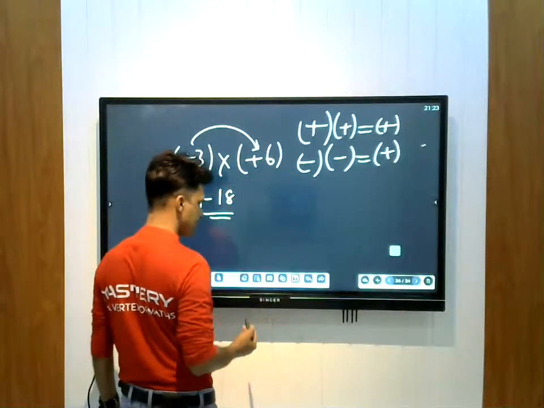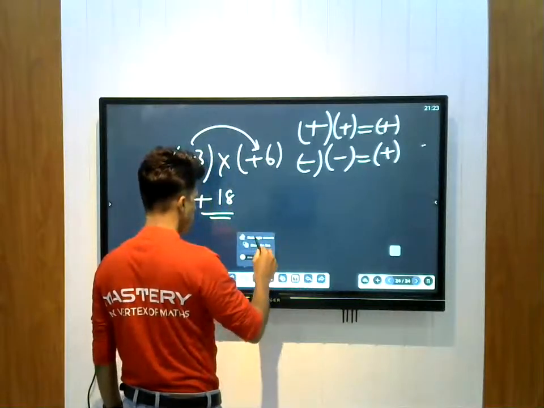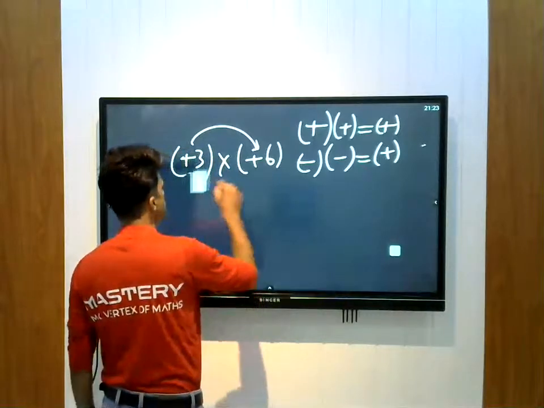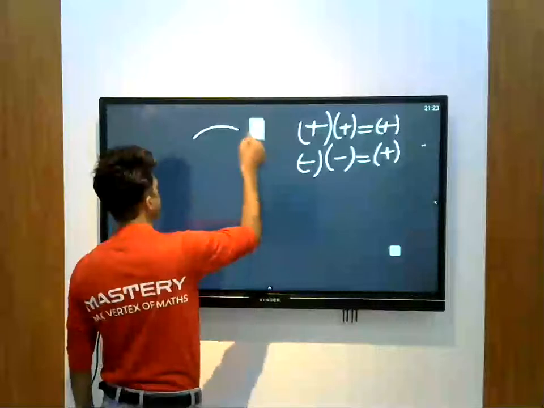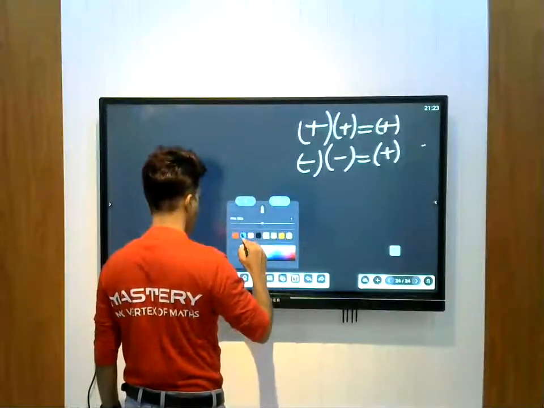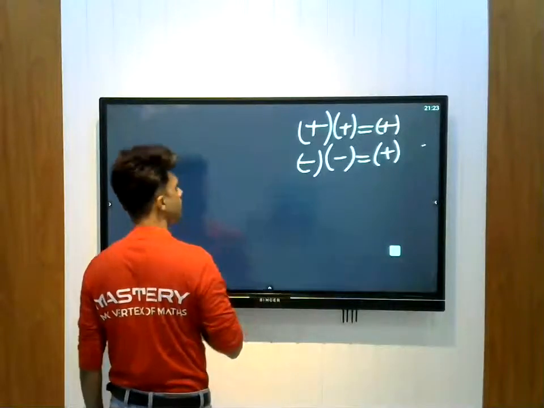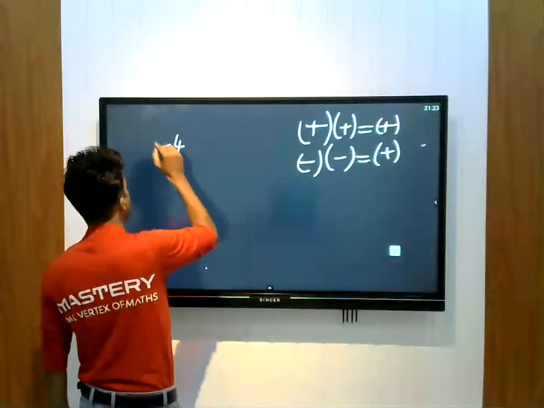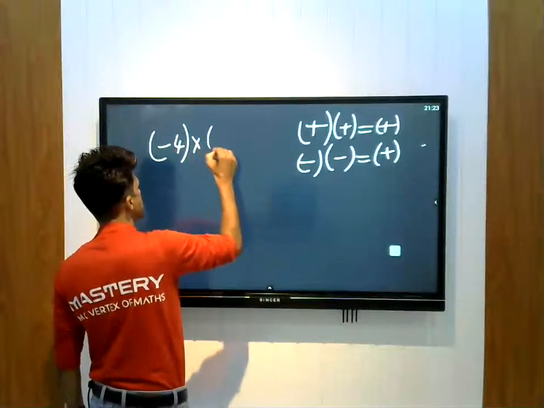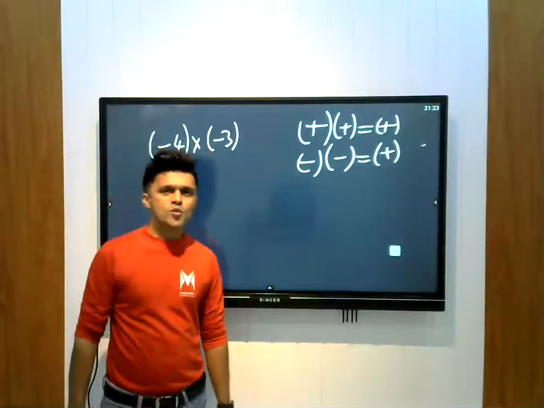Then how can you do this type of one? Minus 4 into minus 3.